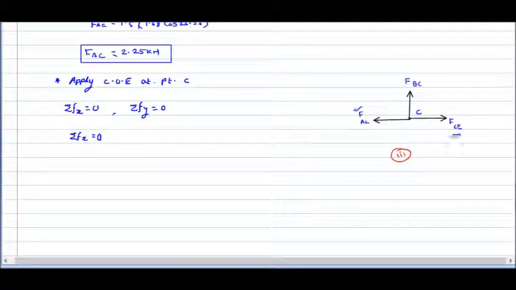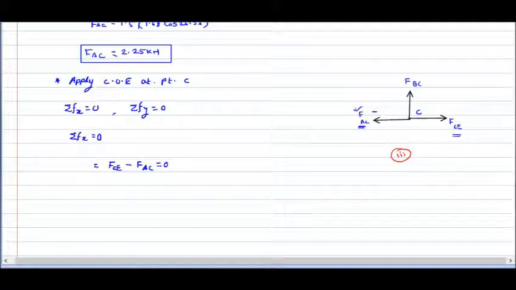So as per this condition, in the x direction there are two forces. I will apply these two forces here and write down this equation: force in member CE, and the sign convention will be plus as it is acting along the positive direction, minus force in member AC, as this is acting along the negative direction, and as per the condition of equilibrium it is equal to 0.